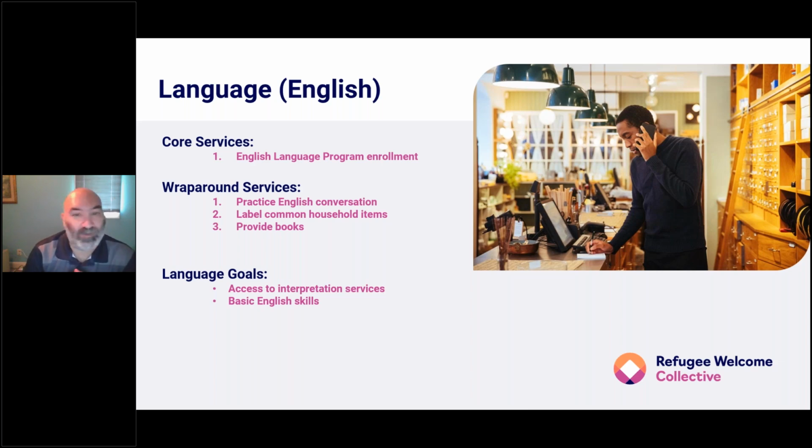Provide books, obviously one language to English instructional books, and especially kids' books are great. There are even books often geared towards young adults or teenagers, and a graphic novel or something like that can be really helpful for someone who's learning English, which has some words but also has pictures.